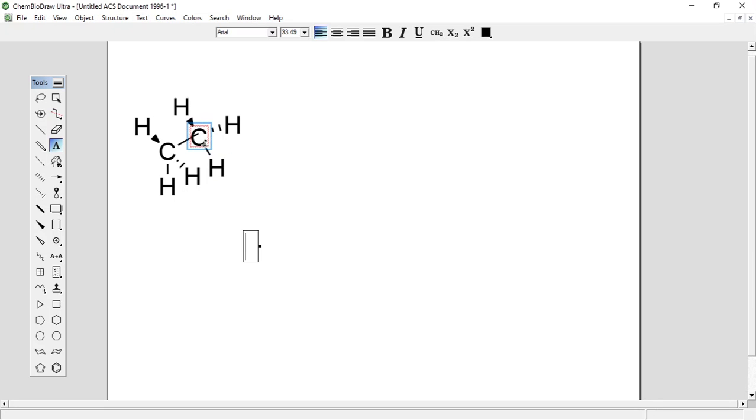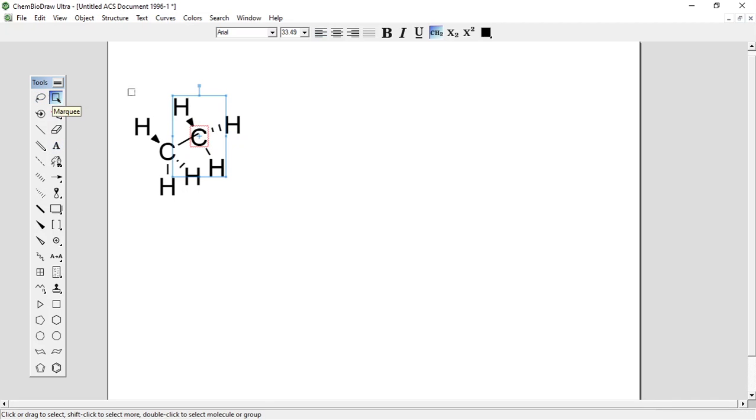It is a solid wedge and dash line formula. So the group present on this dash line is away from the observer, and the group which is present on the solid line is towards the observer.